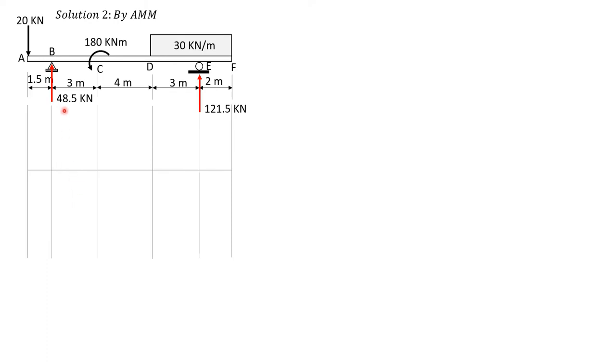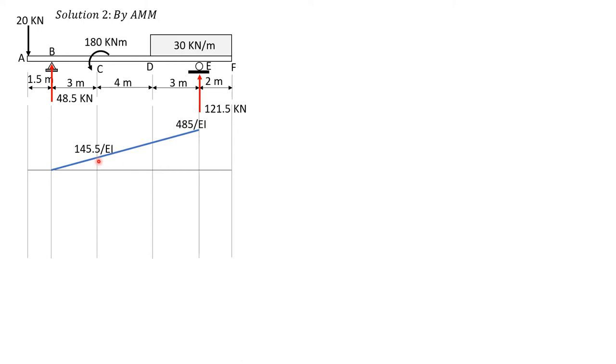So 48.5 times 3 first degree is 145.5 over EI, then here 485 over EI.